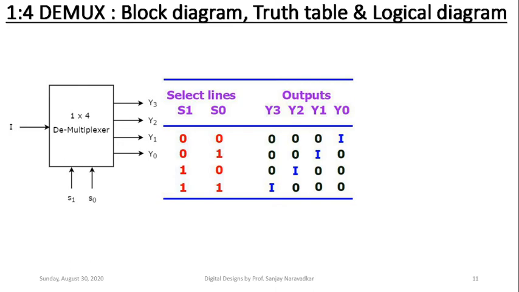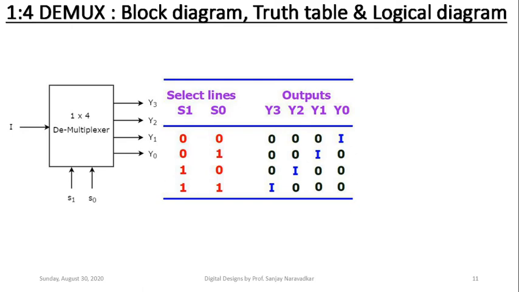When select lines are 1, 0, in that case Y2 will be input I. Remaining outputs will be 0. And similarly, whenever select lines are 1, 1, in that case Y3 will be the output line on which that input I will be steered, that will be connected, and Y0, Y1 and Y2, the remaining, will all be zeros. So accordingly, the truth table has been covered. Now the logical diagram.